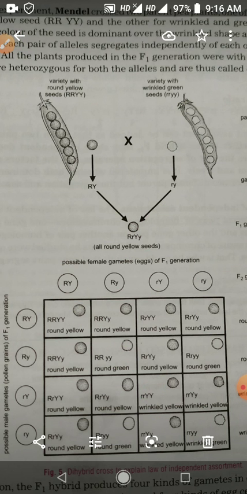We can explain this dihybrid cross on the basis of the monohybrid cross also.